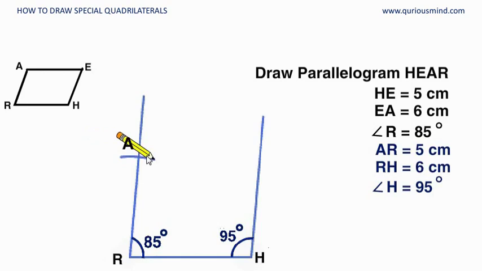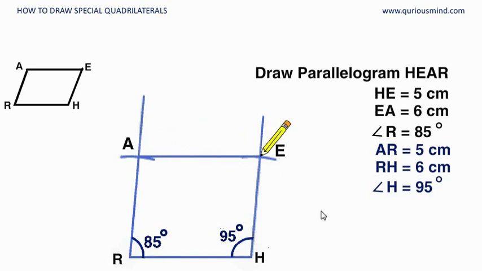That gives point A. Similarly, we will take the distance of HE in the compass, which is 5 cm, and draw an arc on this side by keeping the sharp end of the compass on point H. That gives us point E. And now we join points A and E to get our parallelogram HEAR.